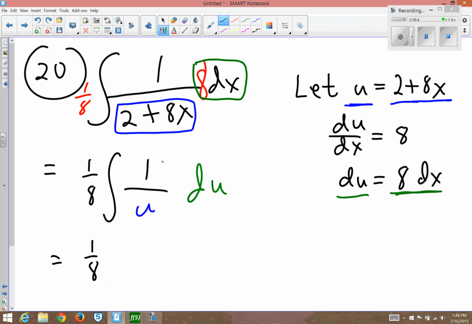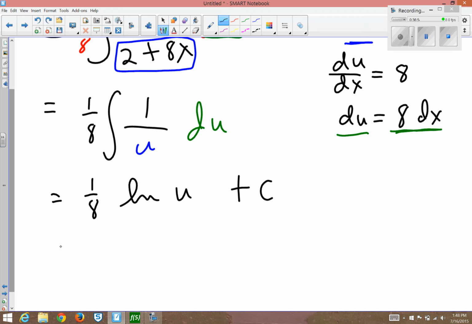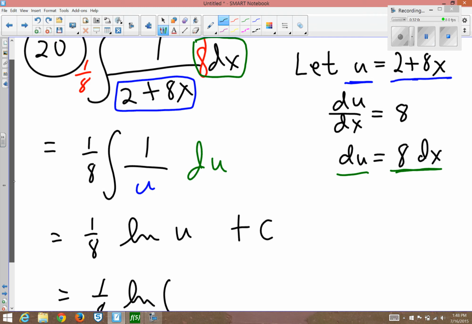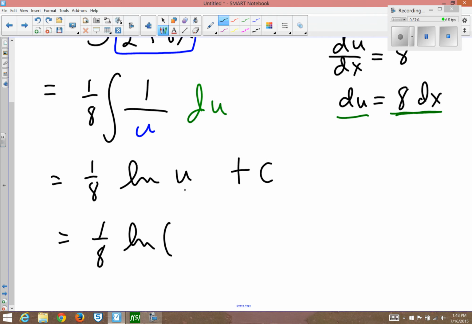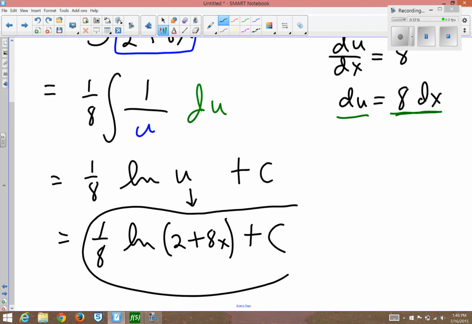I know the integral of 1 over u du is the natural log of u. That's an integral formula I know by heart. So the answer is 1/8 natural log of 2 plus 8x, plus c. You're done.